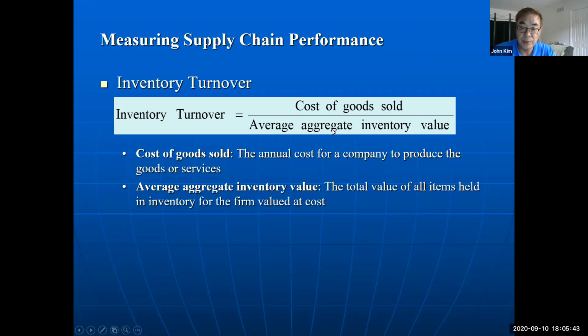That includes work in process, finished product, and raw material. So total aggregate inventory, that is inventory turnover.